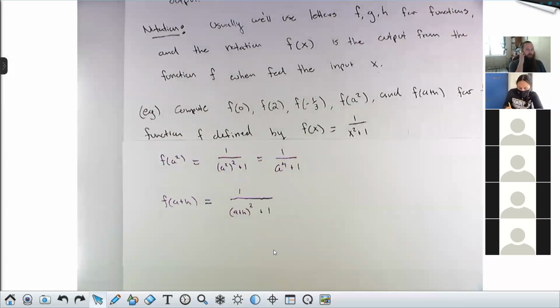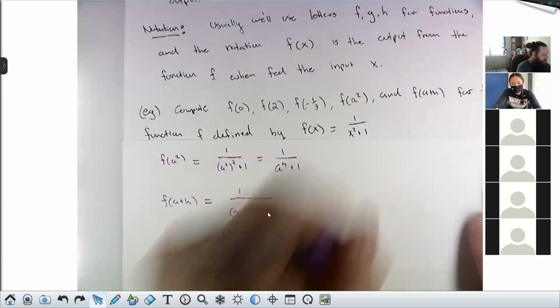Right? And you see without those parens, it's going to be hard to even understand what this means. If we had an a plus h squared without parentheses, like is the a being squared, is the h being squared? And then if we wanted to clean this up, we can do a little bit of work here.